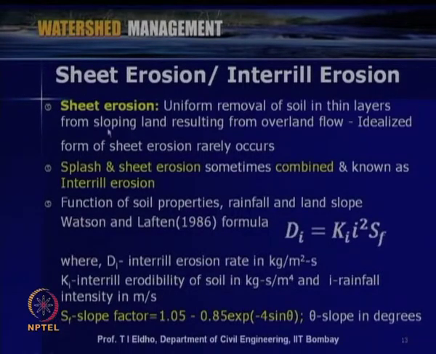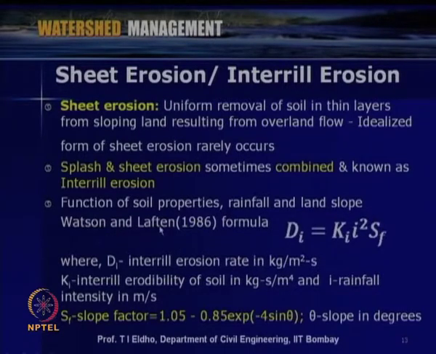Then the next one is the combination of splash and sheet erosion, sometimes combined together, and it is known as interrill erosion. Interrill erosion is a function of soil properties, rainfall and land slope.